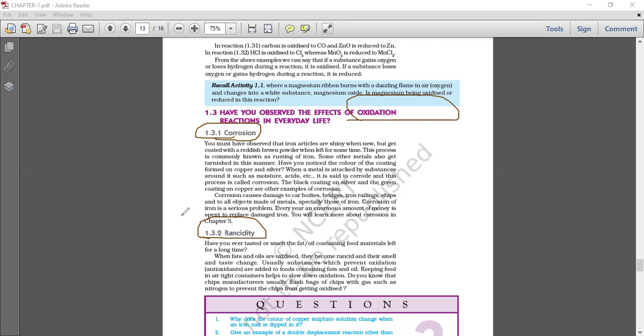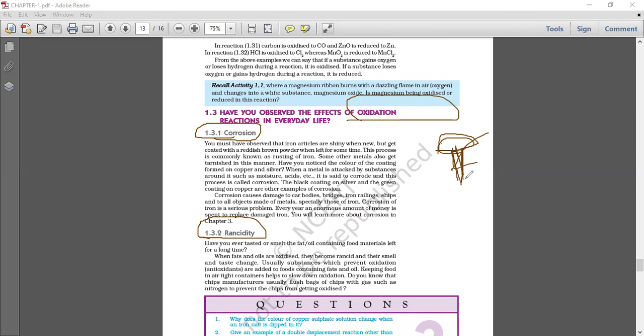So rancidity and corrosion, what is the difference? See, corrosion means suppose you expose any metal object, suppose an iron nail, to the moisture, to the atmosphere. What happens? Its color becomes dull. It changes into brown color.